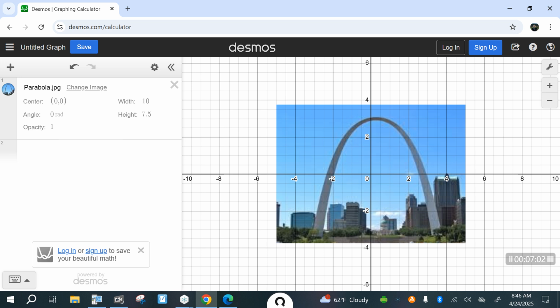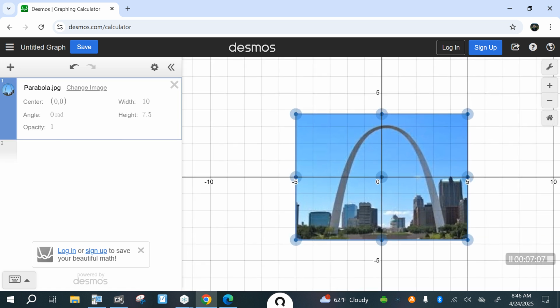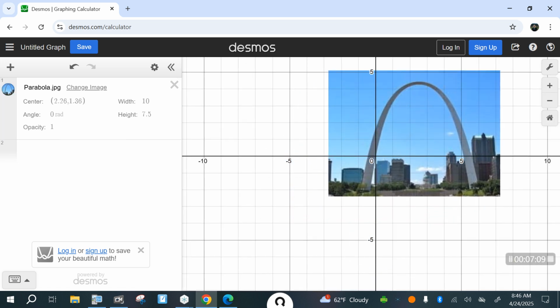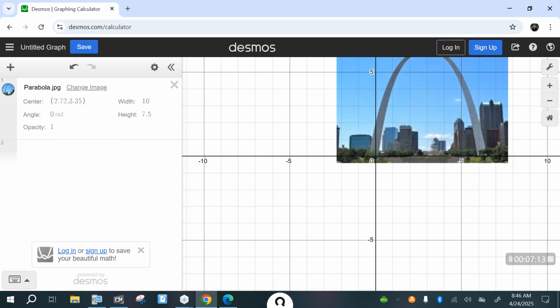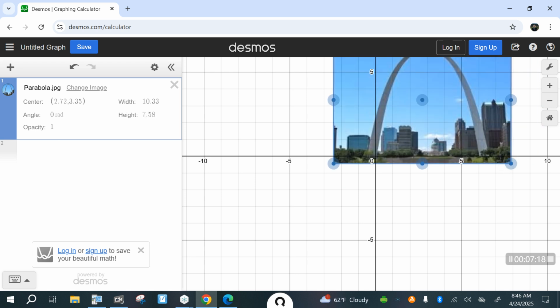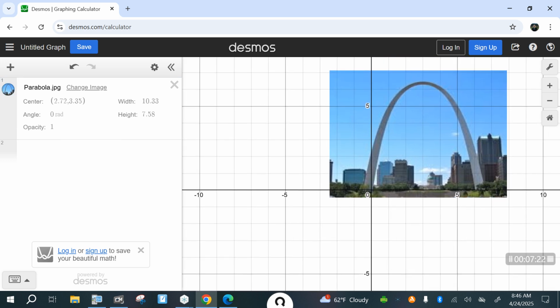So let's say that this was a picture image, and let's say the image was a 4x6. So I want to take this image and move it. You have to move it by the center and make it kind of the same length as you had before. So if this was like a 6-inch length here, and maybe it was about 6.5 at the top.